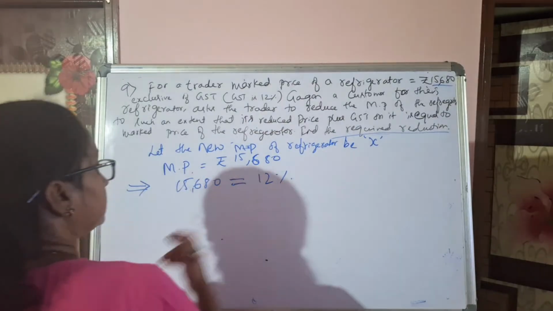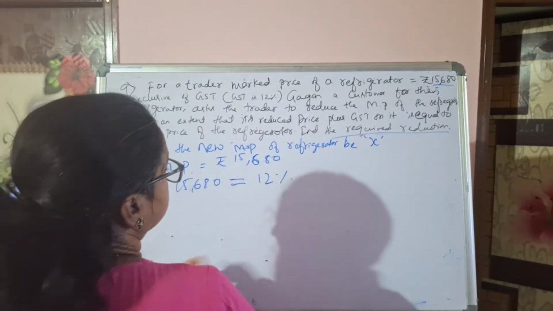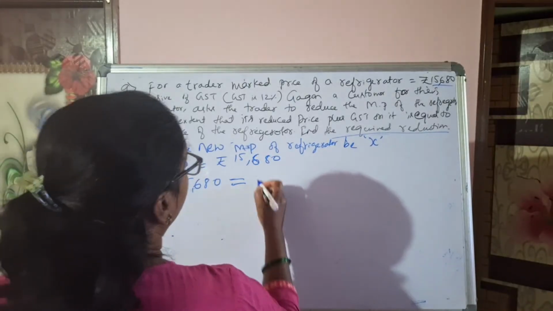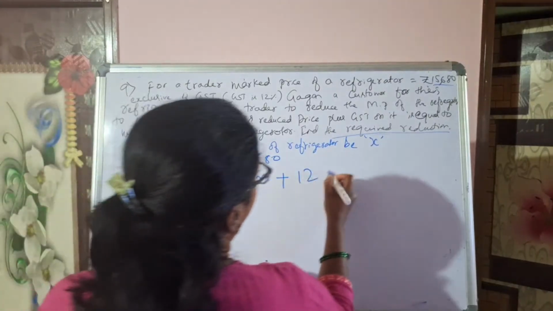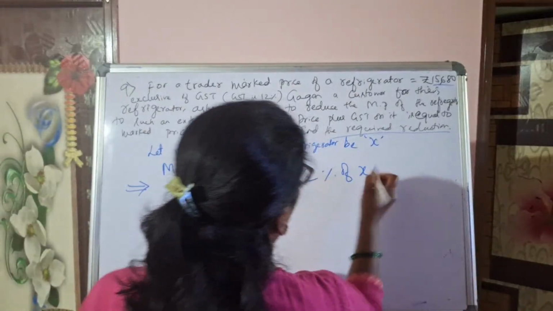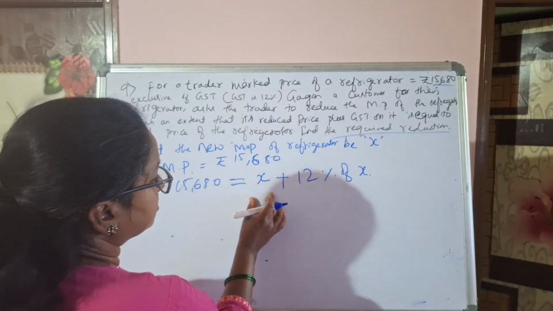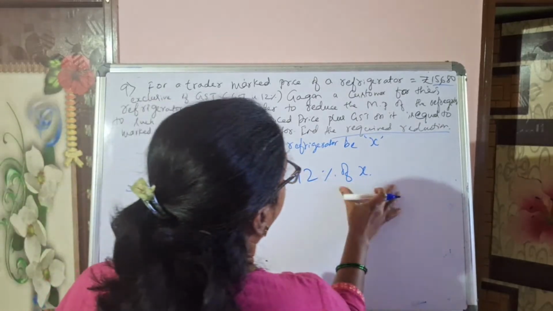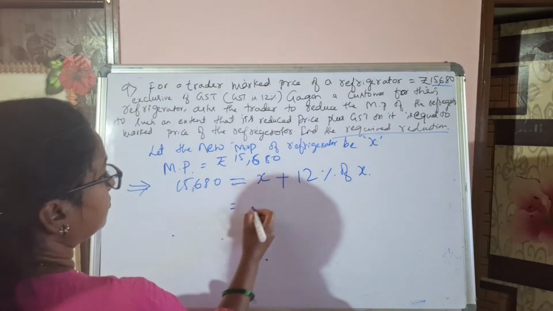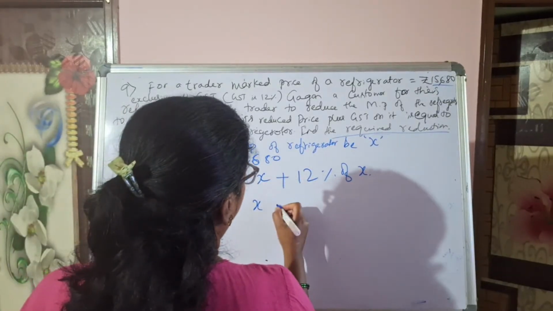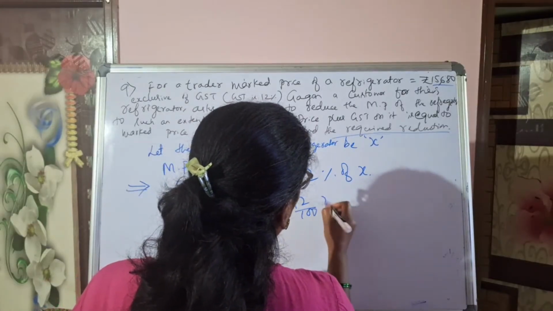That means the new market price of the refrigerator plus 12% of X. That is, this is the new market price of the refrigerator plus 12% GST on X, which is equal to X plus 12 divided by 100 of X.